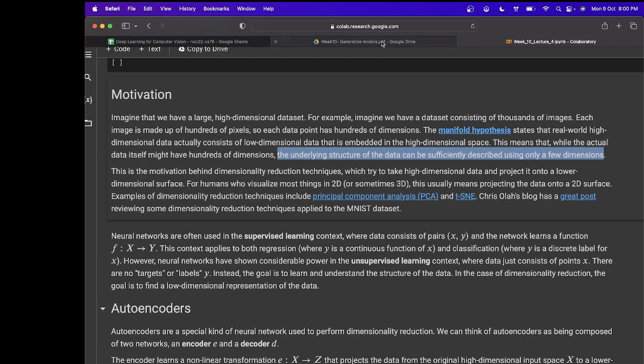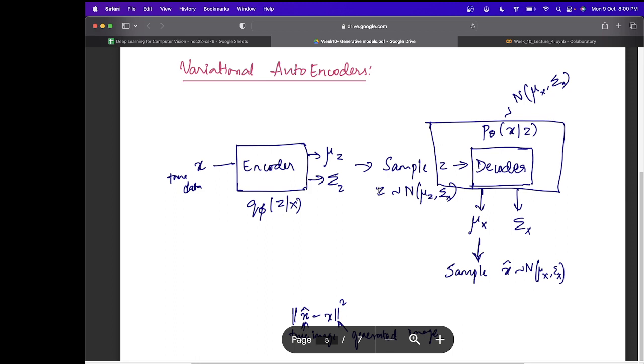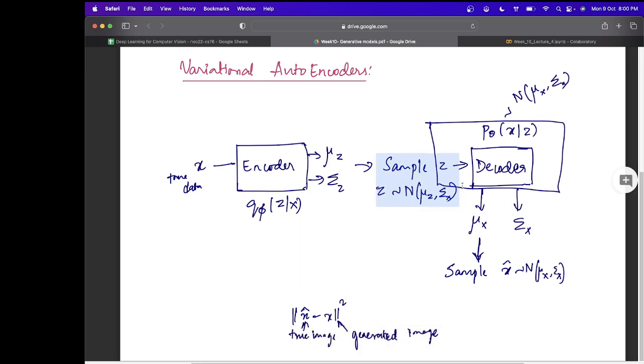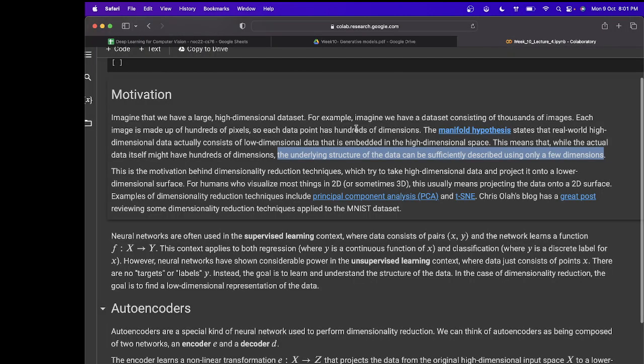Whereas in a variational autoencoder, since we have stochasticity added, once these parameters are predicted, you will be able to sample the z from the Gaussian with the predicted mean and covariance. Once you sample Z in that way, you can use the decoder to generate new images. That is why VAEs are such important tools for generating new images.